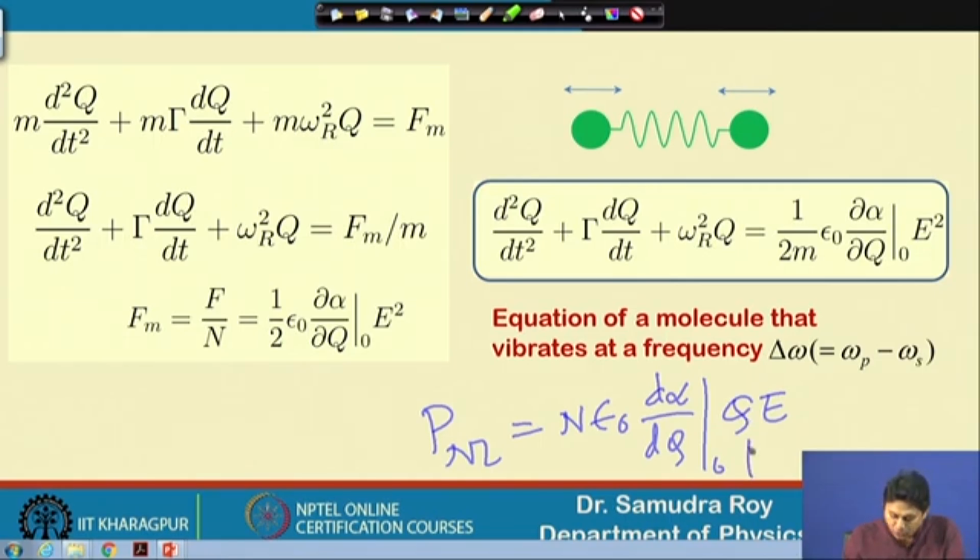So the information of q is needed, and how do I find q for the molecule that is vibrating because of the electric field? I need to solve this differential equation, which is a forced damped oscillation equation. I calculated the force term last day, so today we are going to solve this equation.